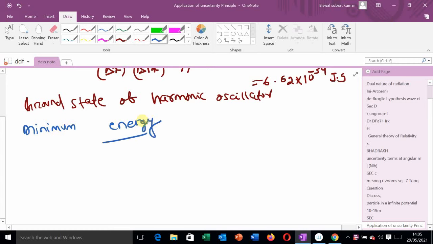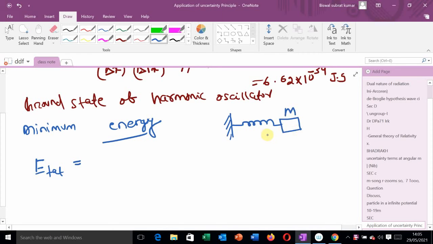Now, the total energy of a harmonic oscillator. Let me first explain what a harmonic oscillator is. Here we are considering the one dimensional harmonic oscillator. Suppose this is a spring. One end of the spring is attached to a fixed rigid support, and the other end is attached to a block of mass m.